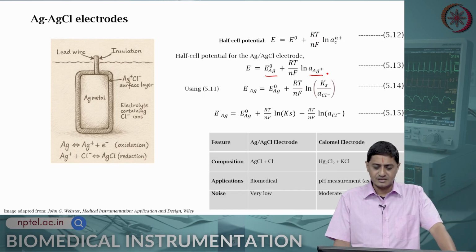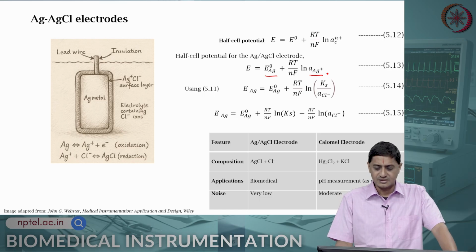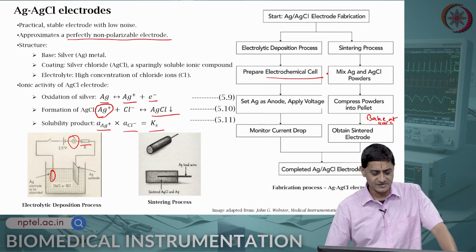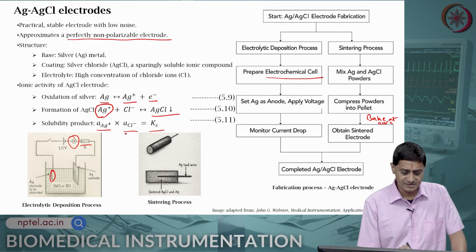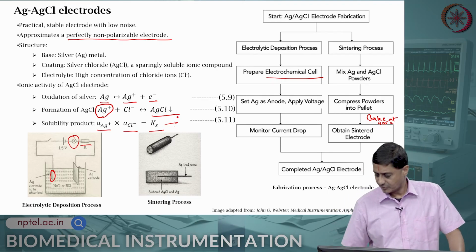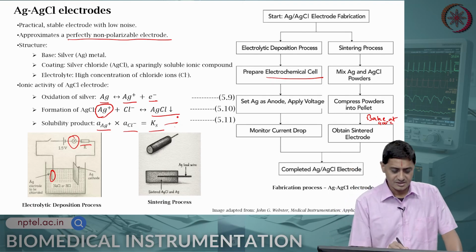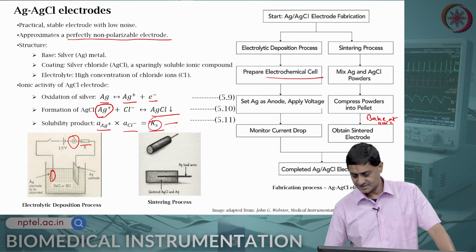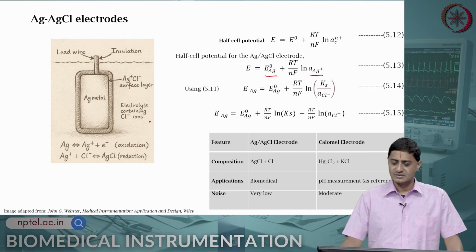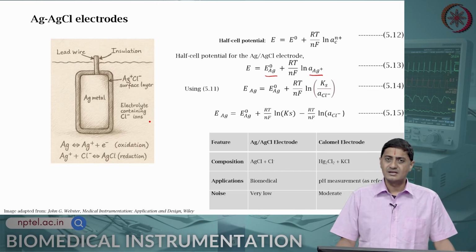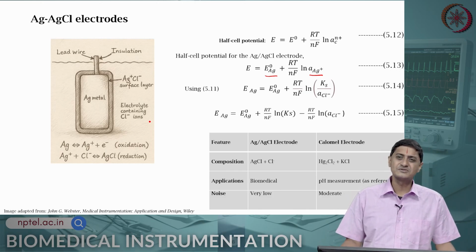and I substitute this in the previous equation, where the activity of silver and the silver chloride, essentially the product of these two, provides the solubility product Ks. In this I essentially substitute for Ag plus as a function of Ks divided by the activity of Cl.